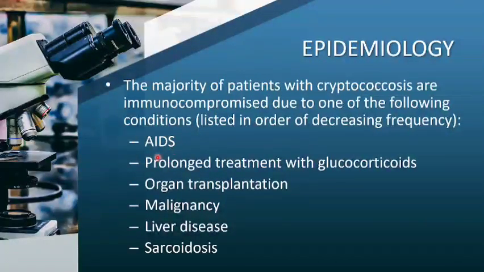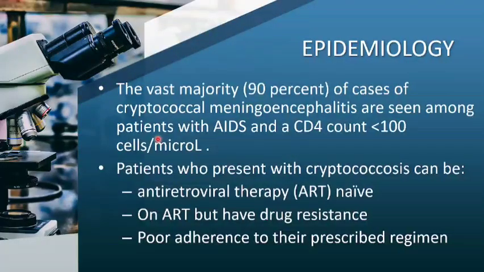But the most common is AIDS. So the vast majority, over 90% of the cases of cryptococcal meningoencephalitis are seen among AIDS patients with a CD4 count less than 100 cells per microliter.